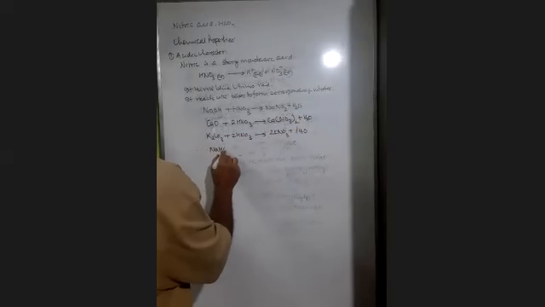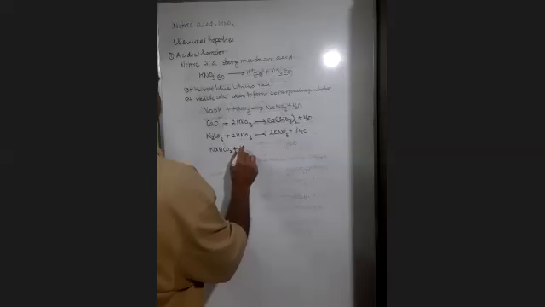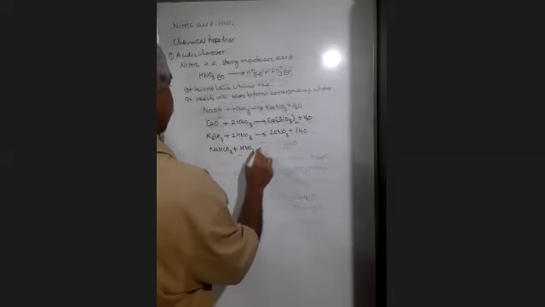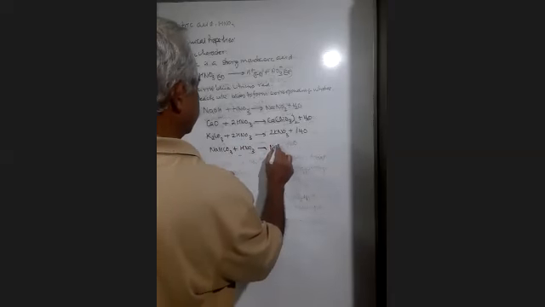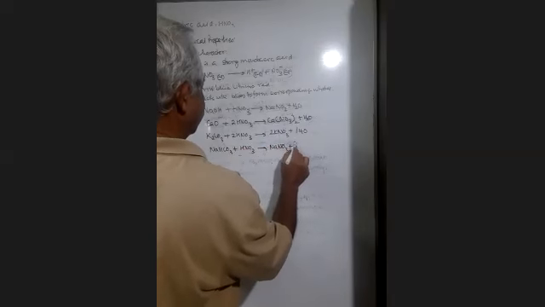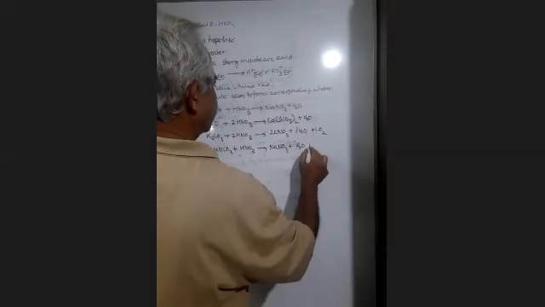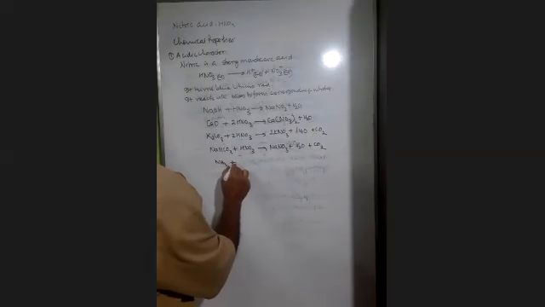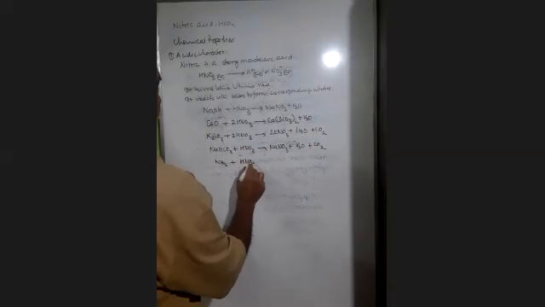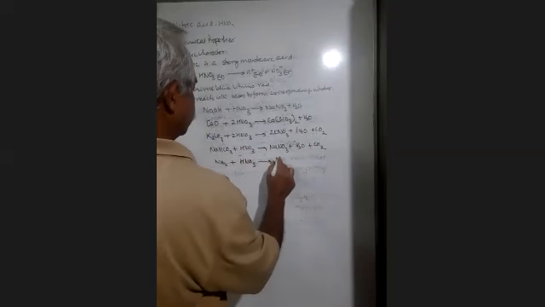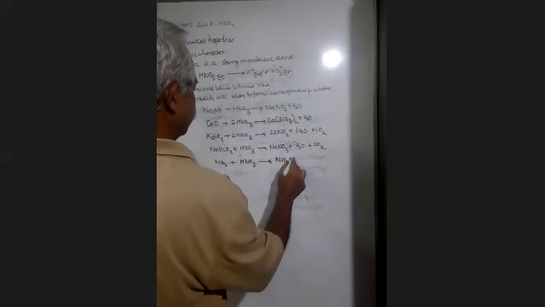If you have taken bicarbonate, it will react with nitric acid to give you sodium nitrate, carbon dioxide. If it comes in contact with ammonia, it will give you ammonium nitrate.